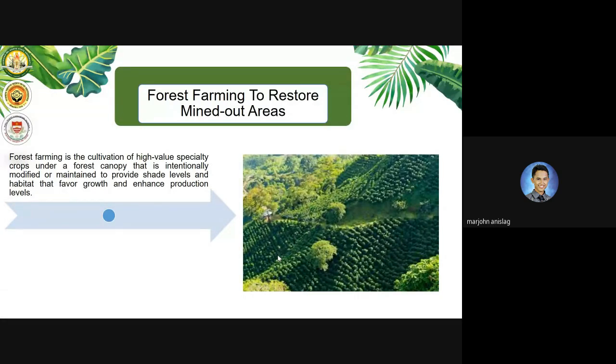The benefit of having this farm practice is to perfectly restore the mined out areas using the endemic tree species, which can help to mitigate climate change, soil erosion, and contaminated toxic chemicals. Further, this can help to bring back the fertility of the soils, maintain the beneficial microorganisms, and water quality and quantity.